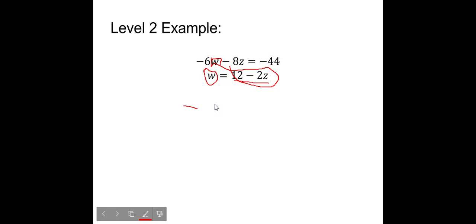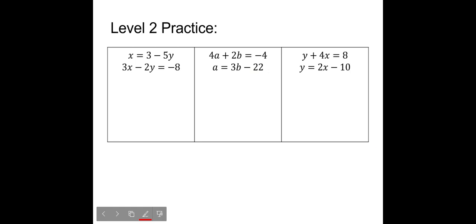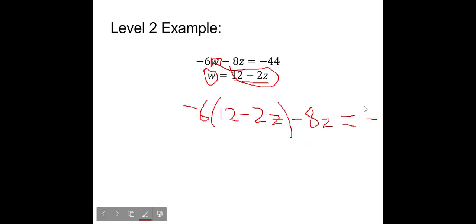So we're going to see -6, don't forget your parentheses, 12 minus 2z, close those parentheses, that's still -8z and equaling -44 on the other side. Oh, I ran out of space.